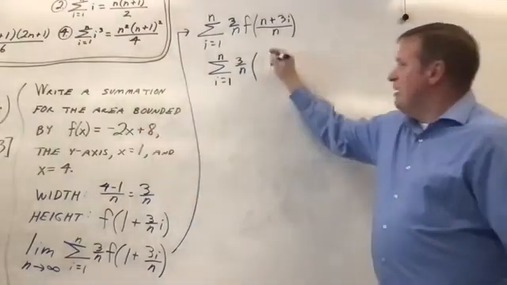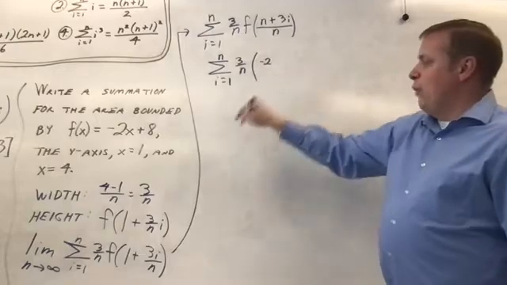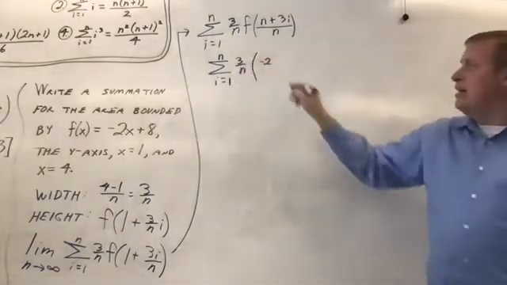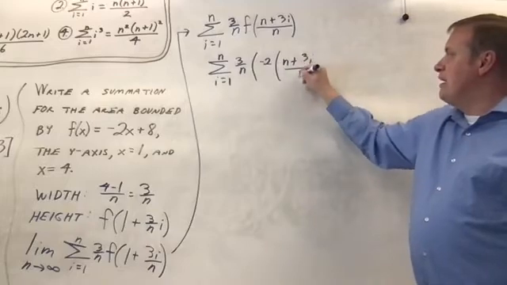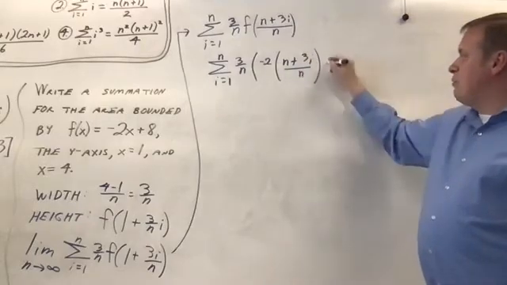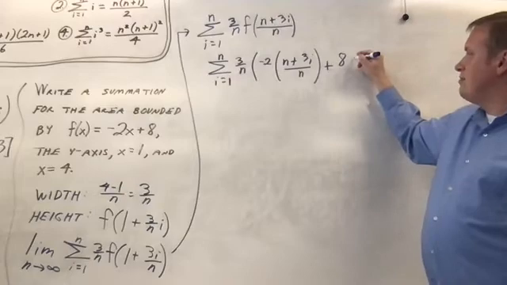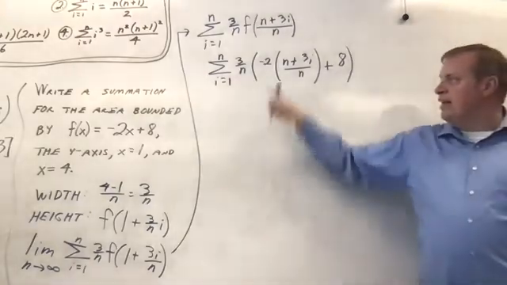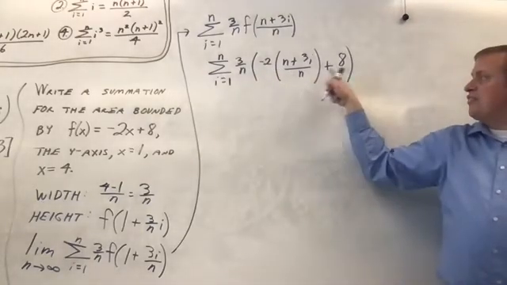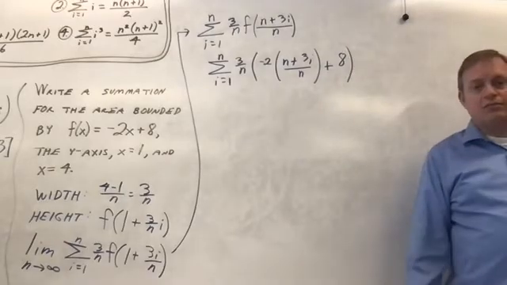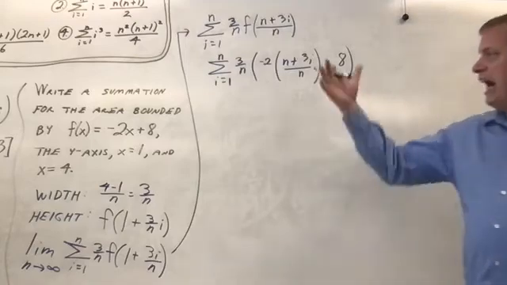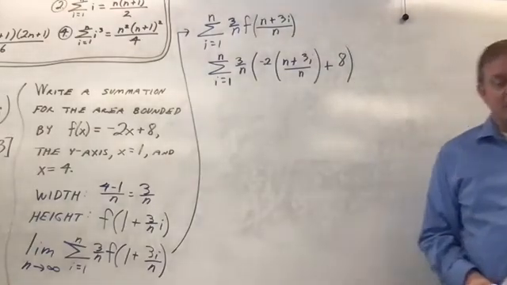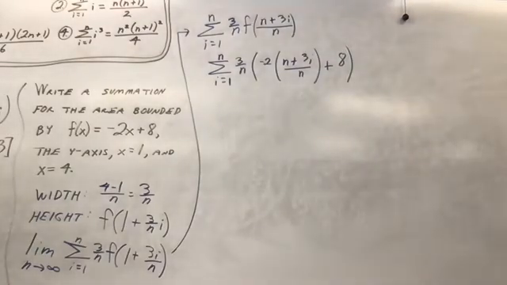It says negative 2, and where I see an x, I'm going to put n plus 3i over n, plus 8. Negative 2x plus 8. I still need the summation because I haven't used any of the formulas yet. I haven't made any substitutions as of yet.